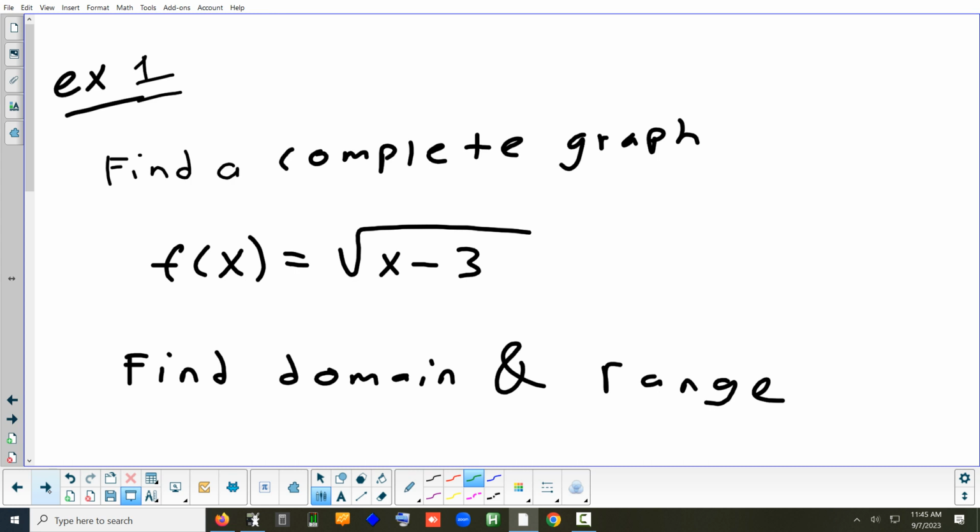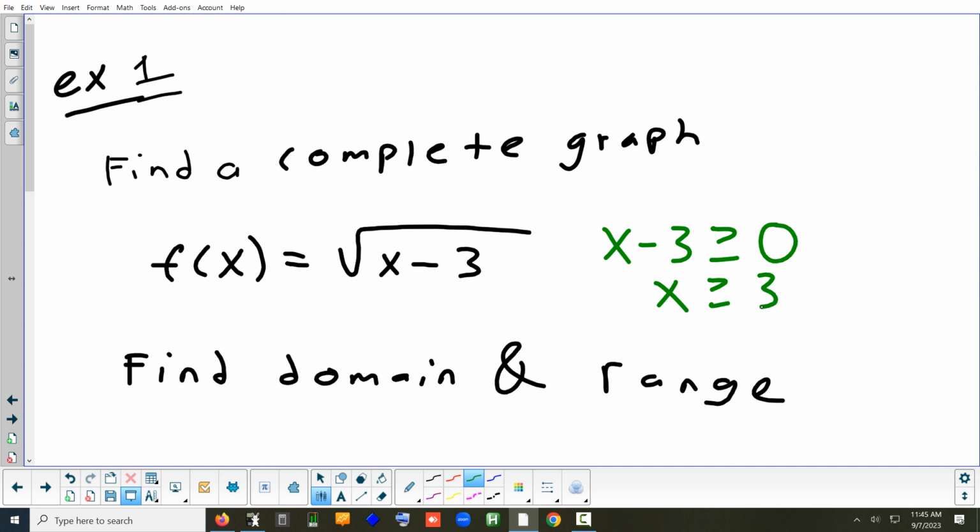So let's look at this one. What did we say about square roots? The number under here cannot be negative, which means you want this to always be greater than or equal to 0. So x minus 3 should be greater than or equal to 0, which means we want x to be greater than or equal to 3.